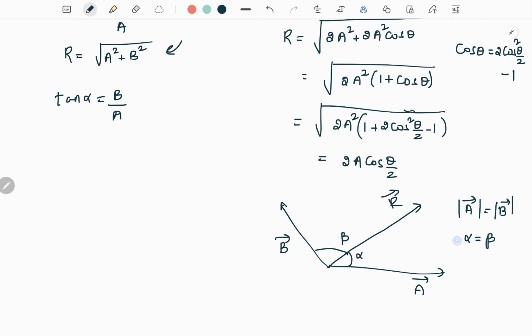Alpha will be equal to beta, provided the magnitudes of both the vectors are equal. If the magnitudes are not equal, then the resultant will be closer to the vector with larger magnitude.